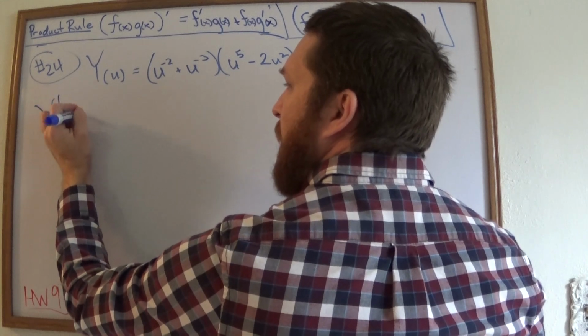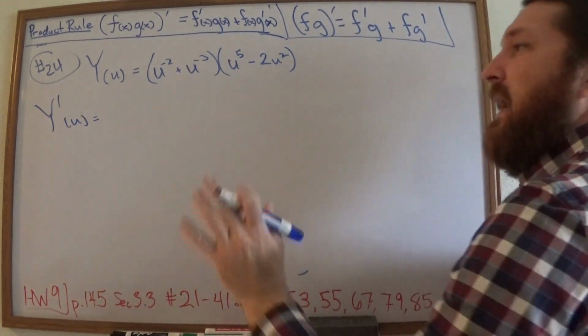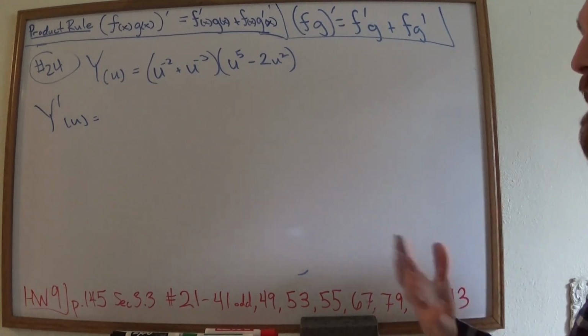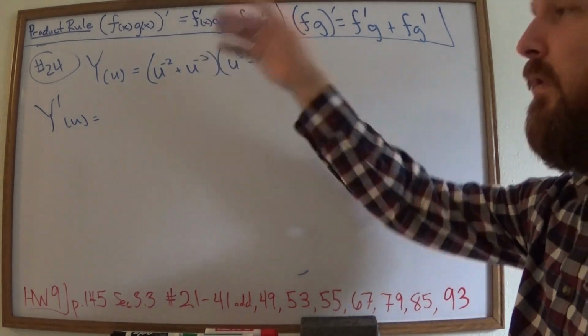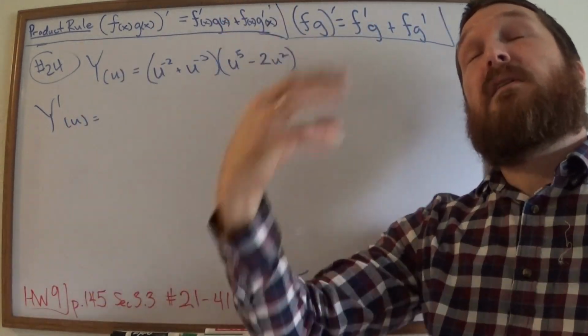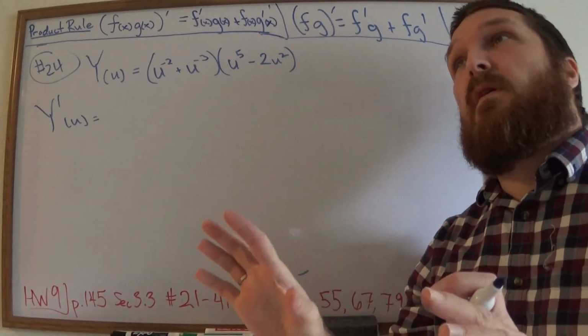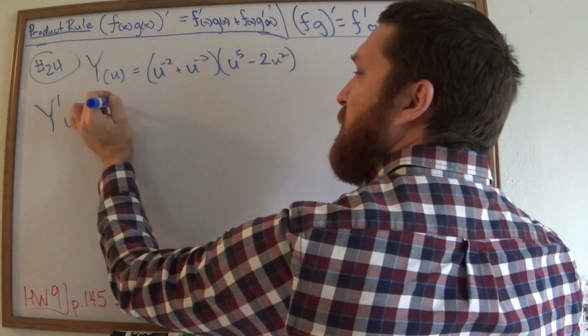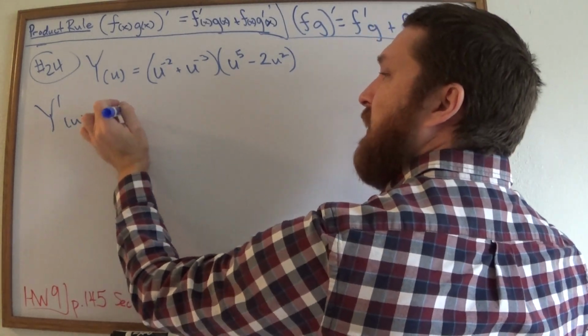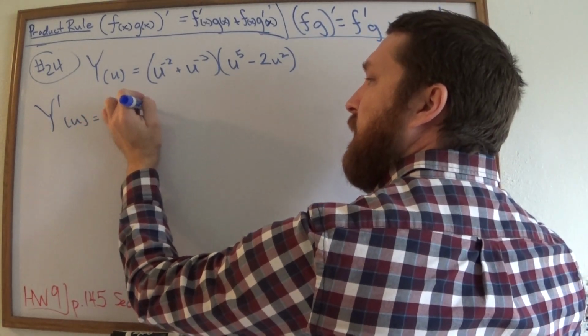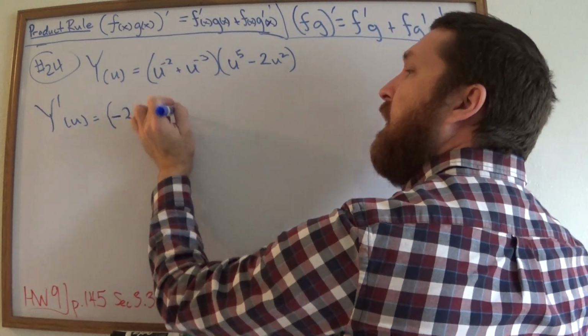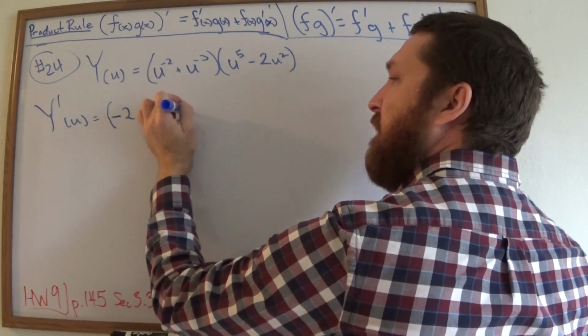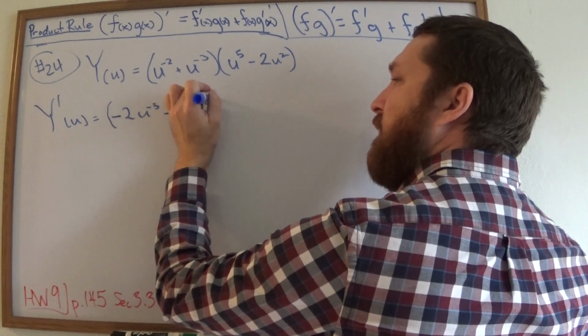Y prime of u is, and this is how I would do this. This is how I just think: okay, product rule. Take the derivative of the first thing, leave the second thing alone. That's what I'm going to work on first. What's the derivative of the first thing? Negative 2 u to the negative third plus negative 3 u to the negative 4.